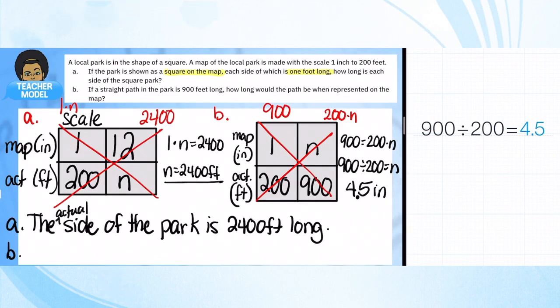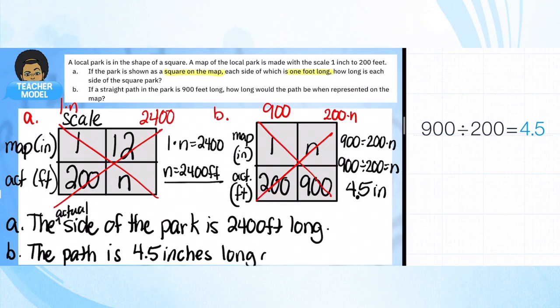Make sure that decimal shows inches. So let's put that into our answer. The path is 4.5 inches long on the map. And there you go.